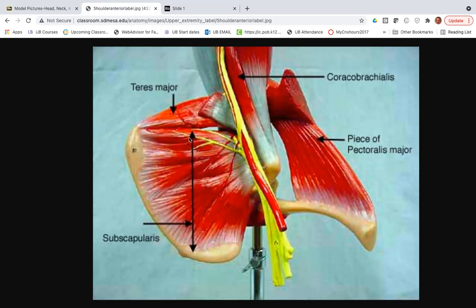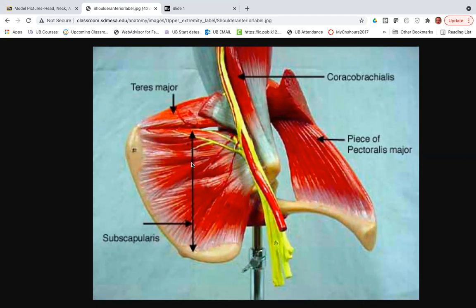Okay, now if you ever get asked actions, and you will on the exam, if we're pointing to the subscapularis and it's asking for action, you don't want to write internal rotation of the shoulder.